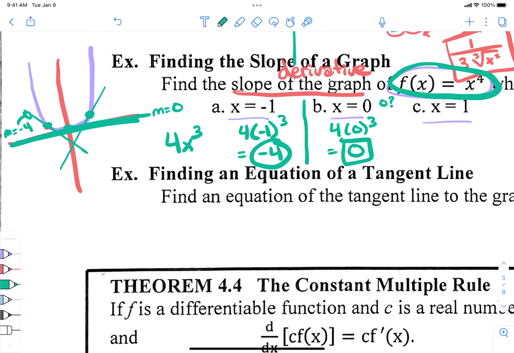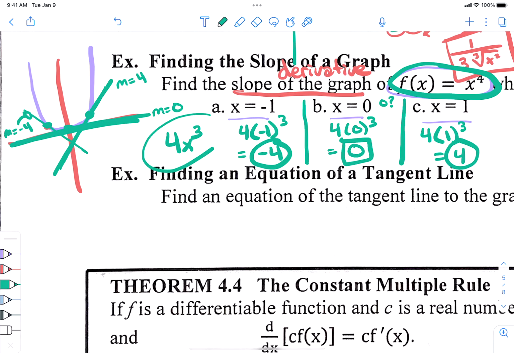If I plug in +1, which is this guy right here, his slope is probably going to be +4, right? 4 times 1 to the 3rd power. Yep, +4. Does this make sense? So finding the derivative gives you an equation, 4x to the 3rd, and then I can just plug in wherever I want to find the slope at that point, right? Okay?